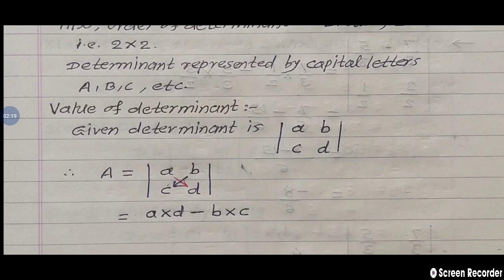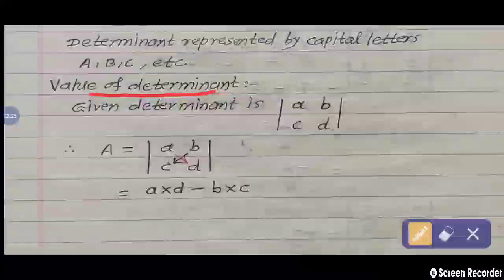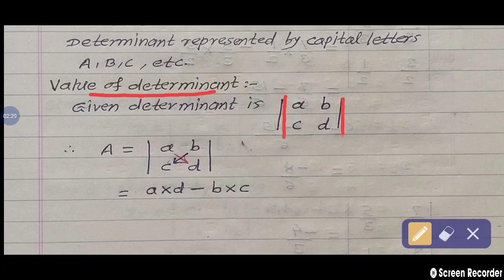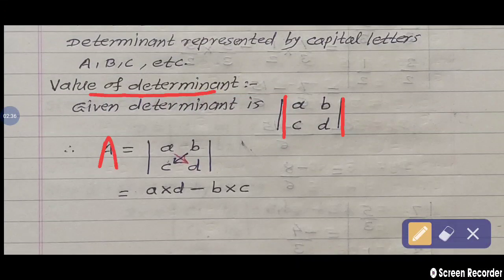How to find the value of a given determinant? If the determinant is given here, A, B, C, D, it is indicated by a capital letter. Therefore, it is written as determinant A is equal to the given elements A, B, C, D. First of all, we do the first cross multiplication, A multiplied by D, that we write first.